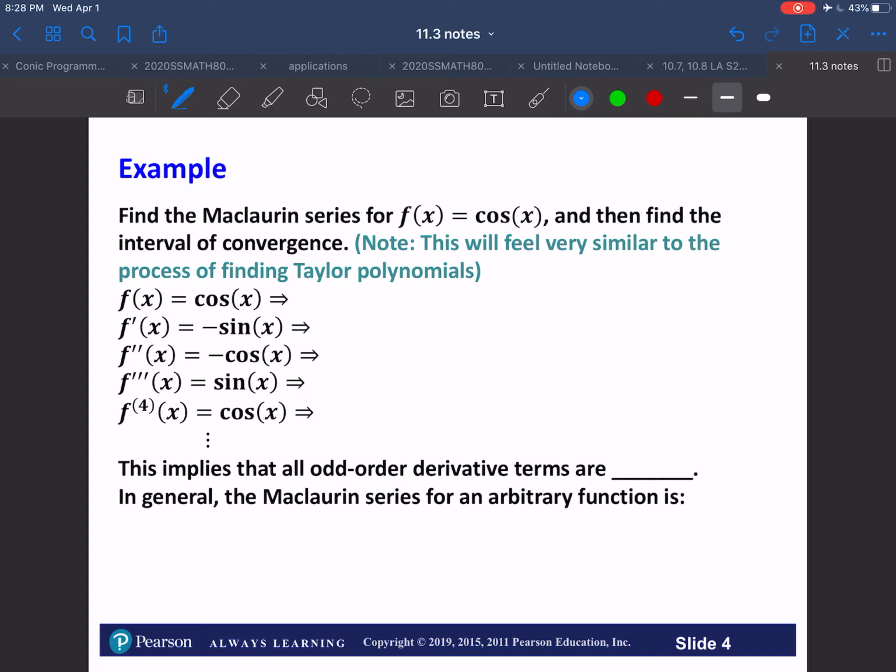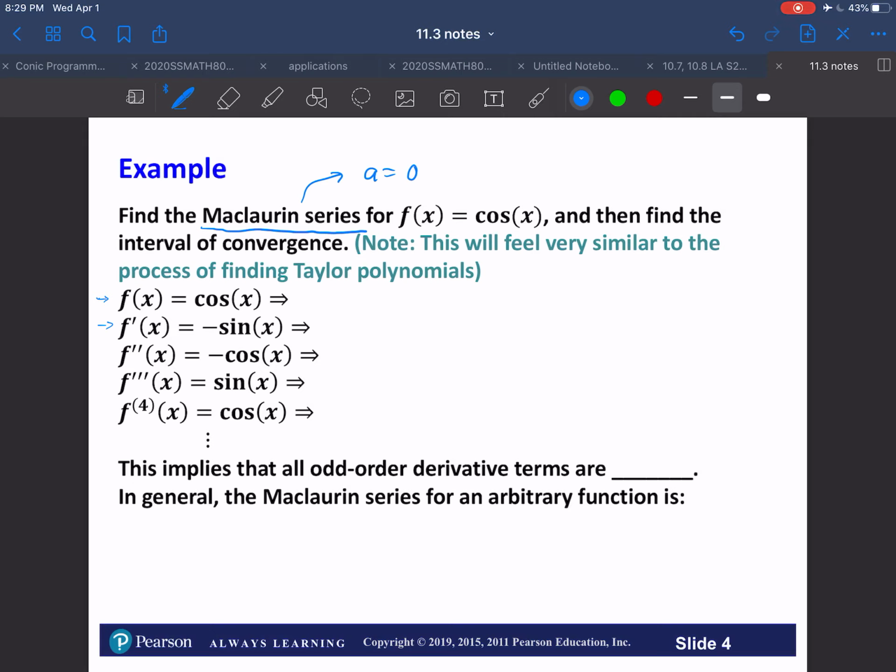But just so that we cover all of our bases, I'm going to start at the beginning, where it'll feel the same as if we were in section 11.1, where we're finding the Taylor polynomial. Okay? So the first thing that we do is we write out a bunch of derivatives, and then we are going to plug in our center. Since we are working with the Maclaurin series, this means that a must be equal to 0.